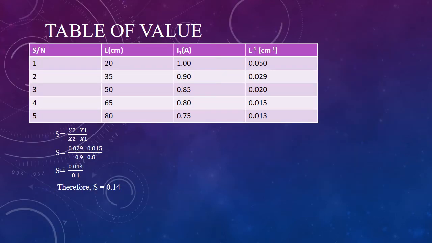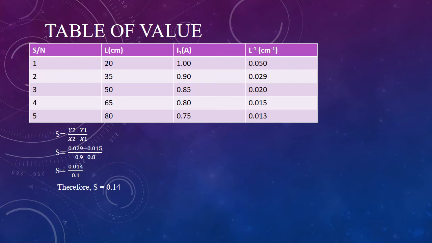Here you can see the table of values obtained from the instructions we have just considered. Students at all times should feel free to pause this video and go through the instructions themselves and see if they can get the same table. You can see L is given, I is given, and I inverse is also given as the instruction says.